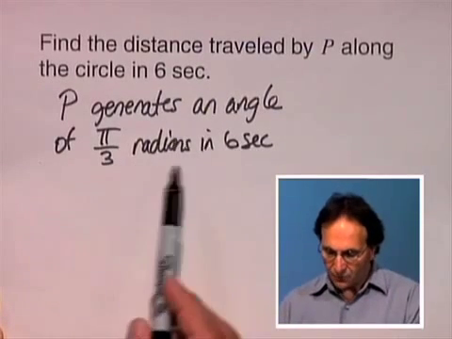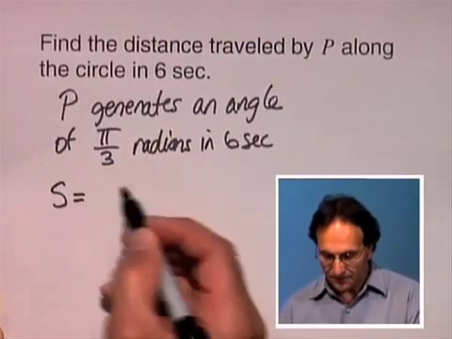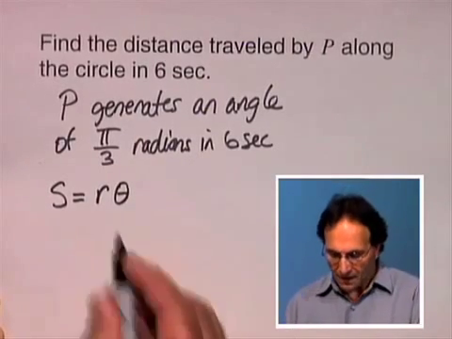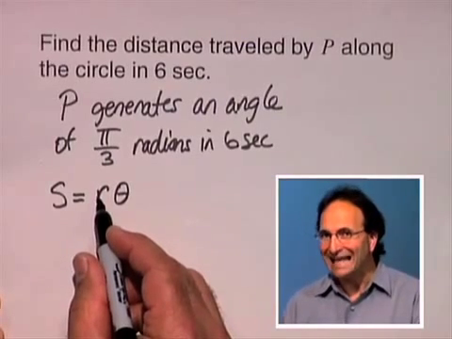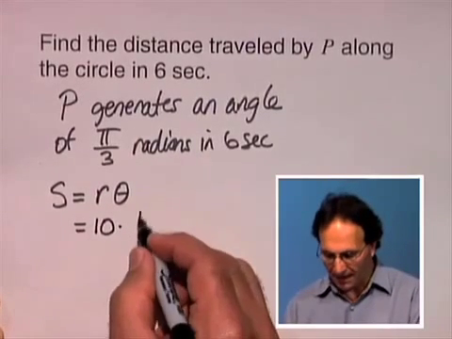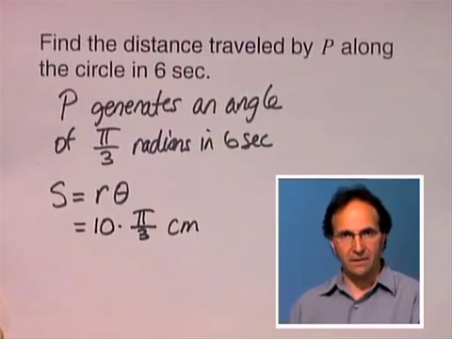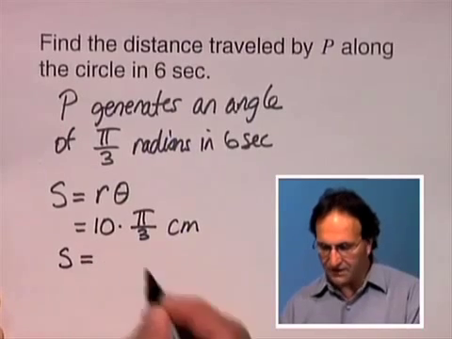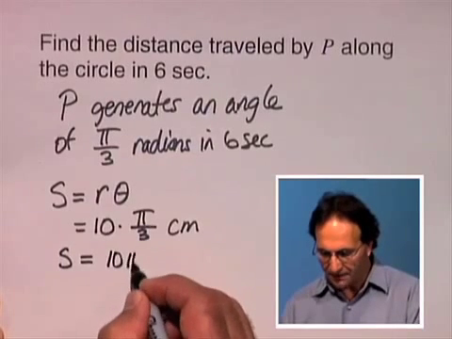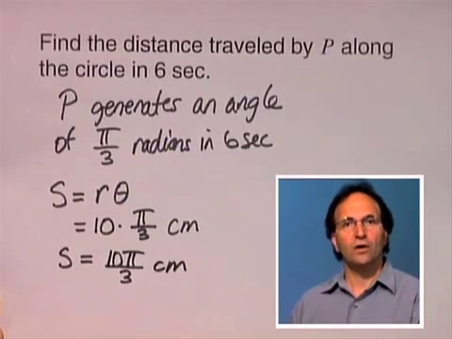So in this case, we have the angle that's been generated, and so we use the formula that S, which is the arc length, equals r theta. R, if you remember, is 10 centimeters, so this would be equal to 10 times the pi divided by 3, and that will give us an answer in centimeters. So therefore, S, the distance traveled by that point P in 6 seconds, would be 10 pi divided by 3 centimeters.